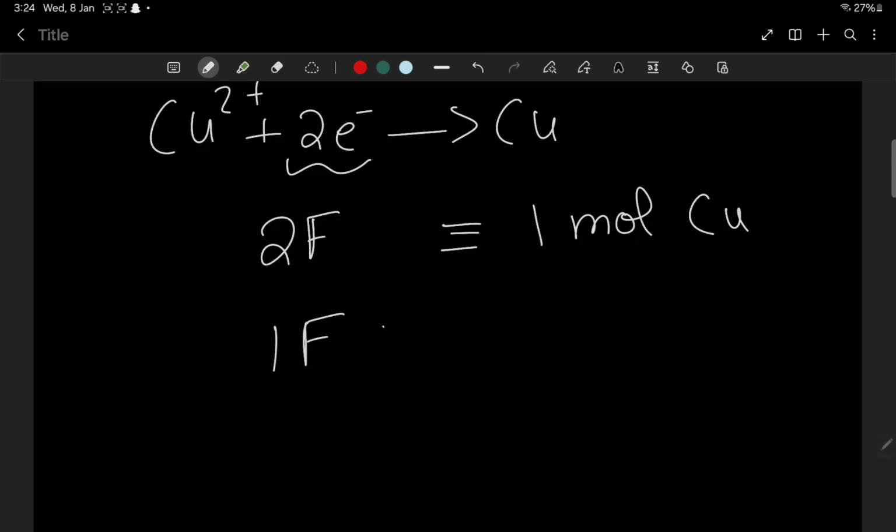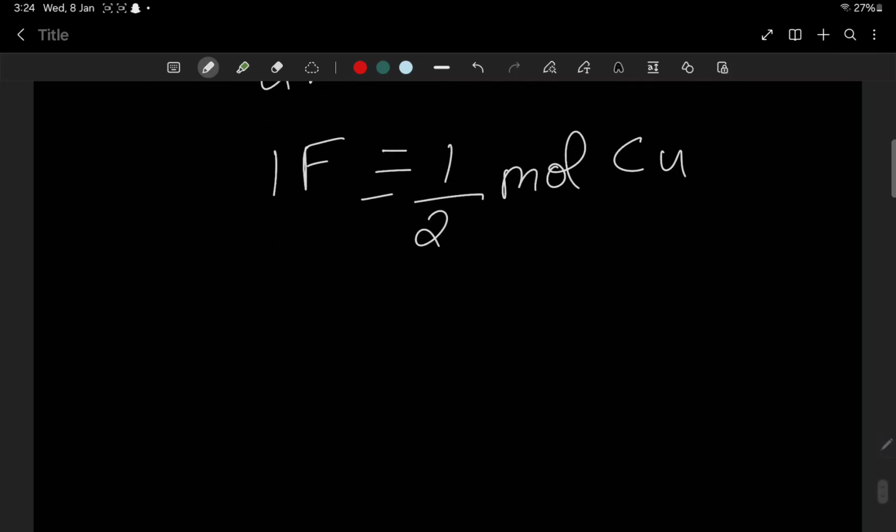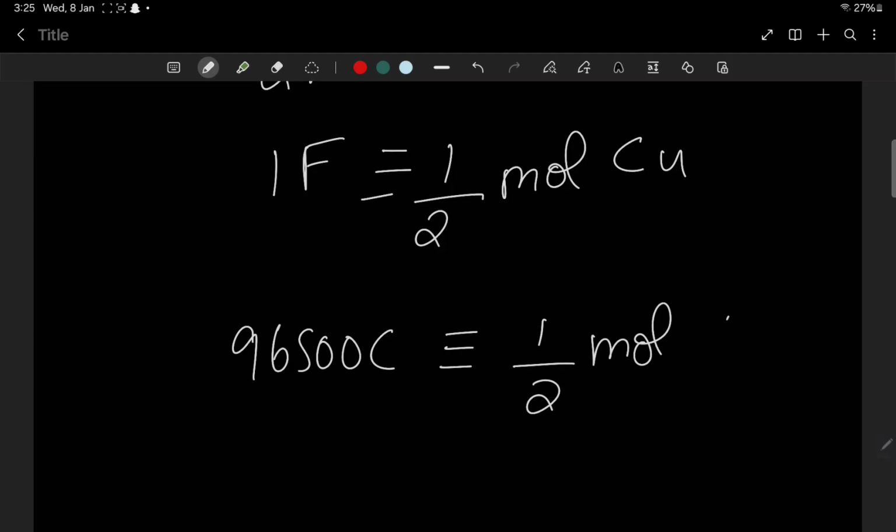So 1 Faraday gives us 1/2 mole of copper. You know that 1 Faraday means 96500 coulomb. So 96500 coulomb gives us 1/2 mole of Cu.